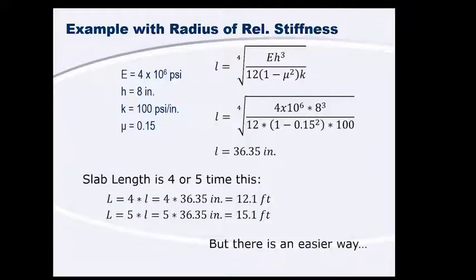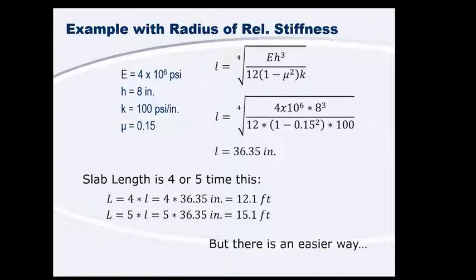So if we go through an example, you can see here we have a modulus of elasticity of our concrete of 4 million psi, a thickness of 8 inches, a K value, or our support constant, so that defines our support layer, of 100 psi per inch. It's pretty weak, but there it is. And a Poisson's ratio of 0.15.